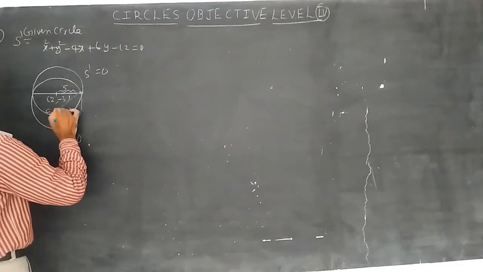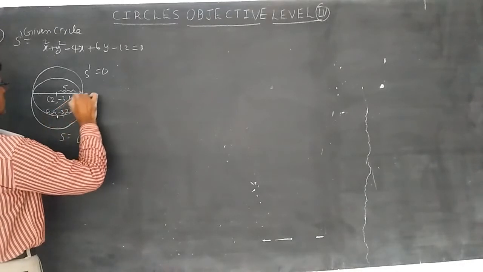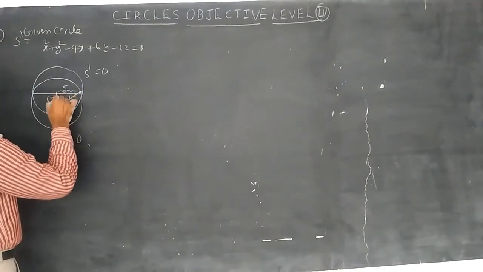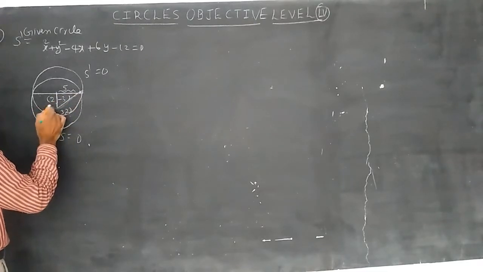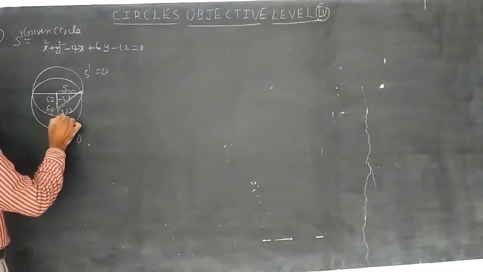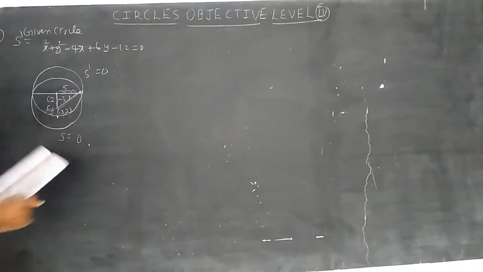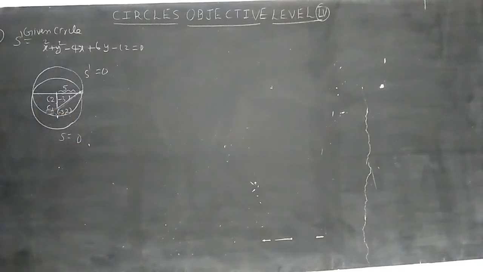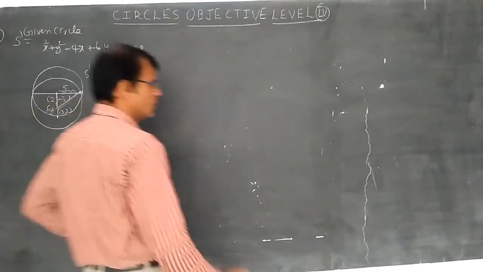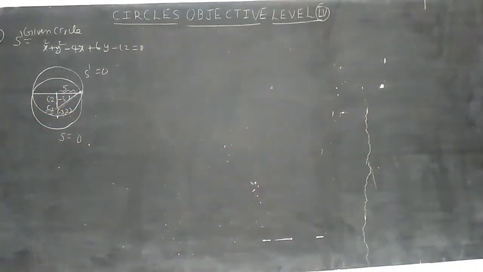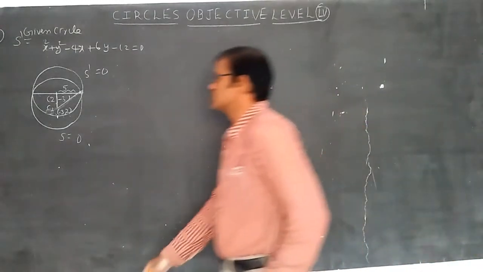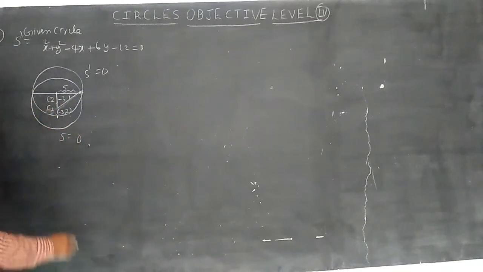Chord of circle. So this is the circle. Rough diagram I am drawing. Let this be C2, minus 3 comma 2 you can put. Minus 3 comma 2 is C2.